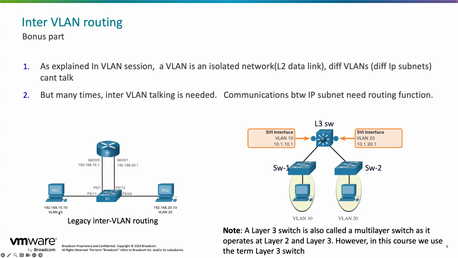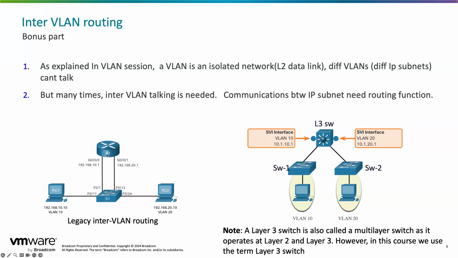And when PC1 sends out packets to PC2, they have to reach their default gateway, which is 192.168.10.1 on router 1, R1.